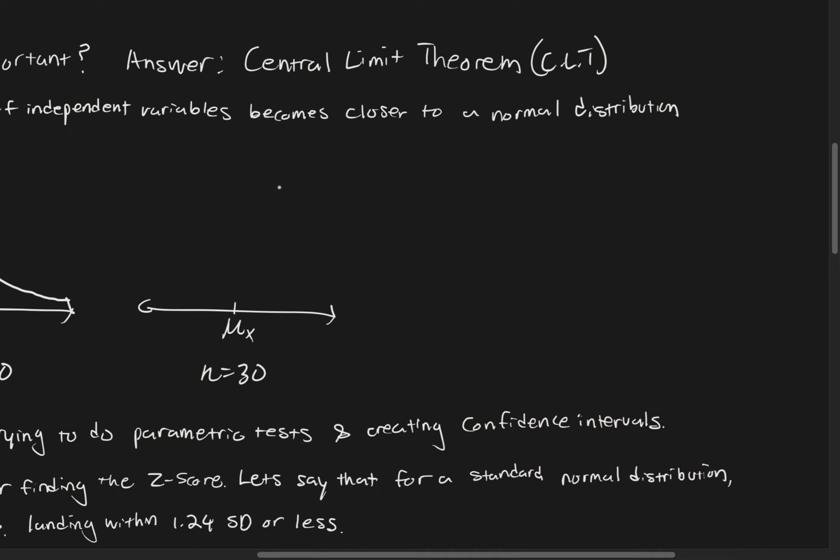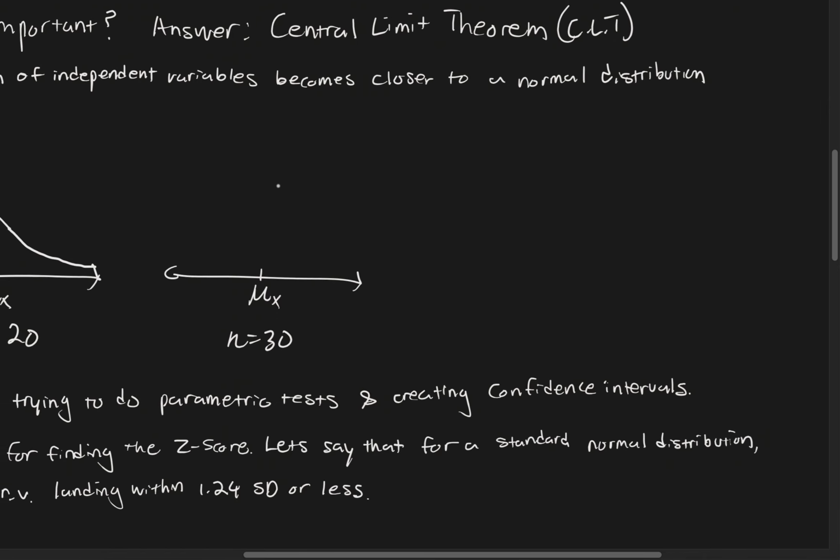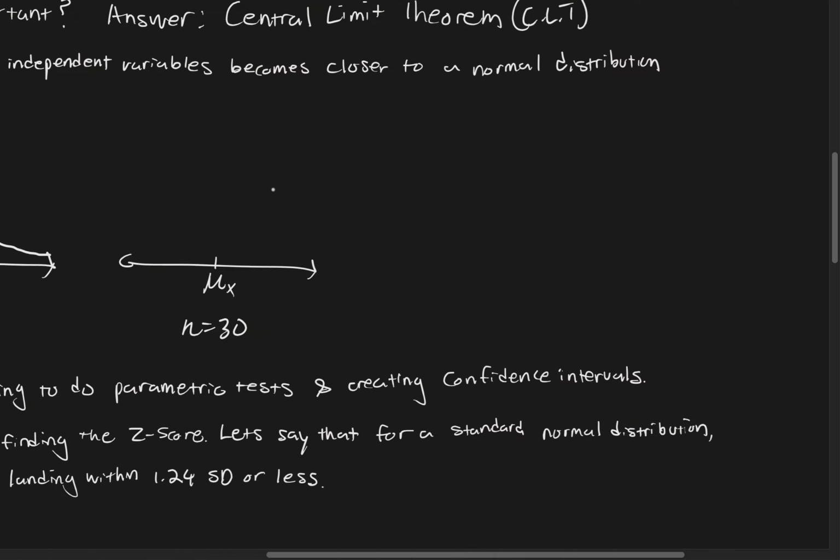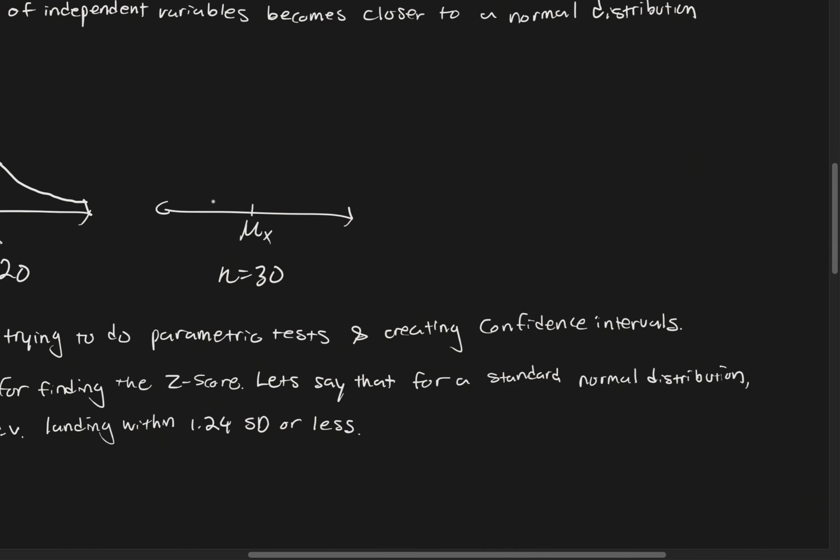Usually, if the sample size is less than 30, we can't apply the central limit theorem to our probability functions. But if the sample size is sufficient, in this case 30, we'll get a distribution that is fairly close to the normal distribution.